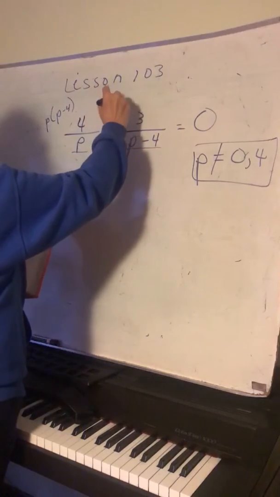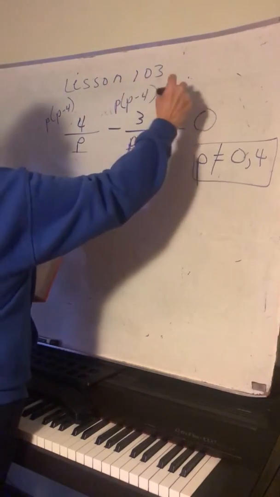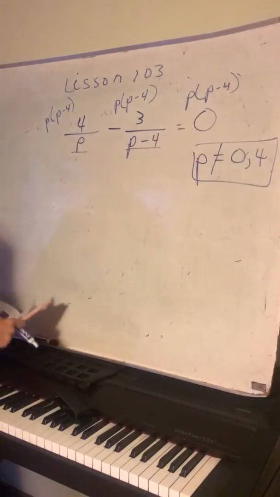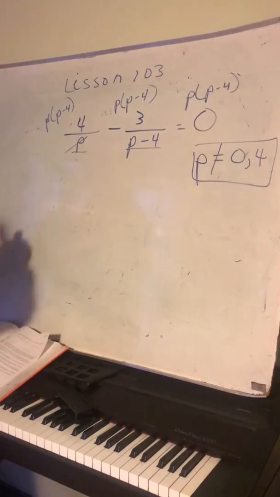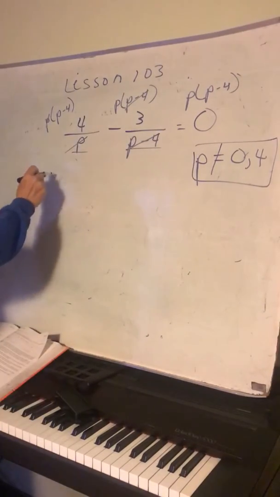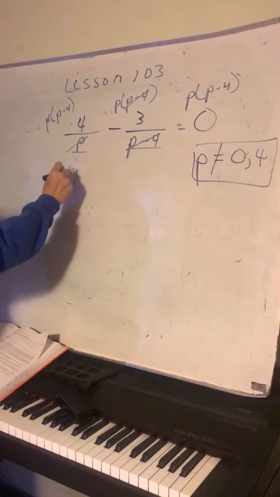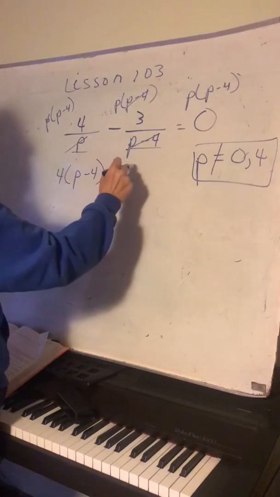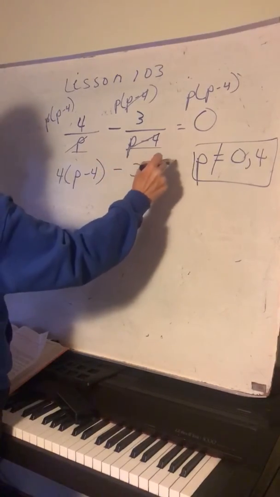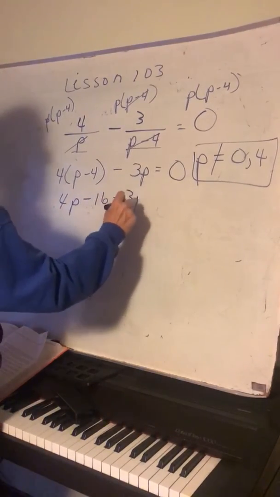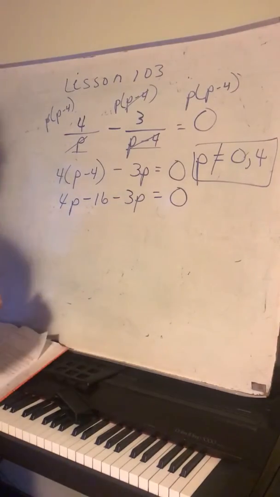We multiply everything by that, and then we can eliminate that, eliminate that, and we end up here with 4(p minus 4) minus 3p equals 0.